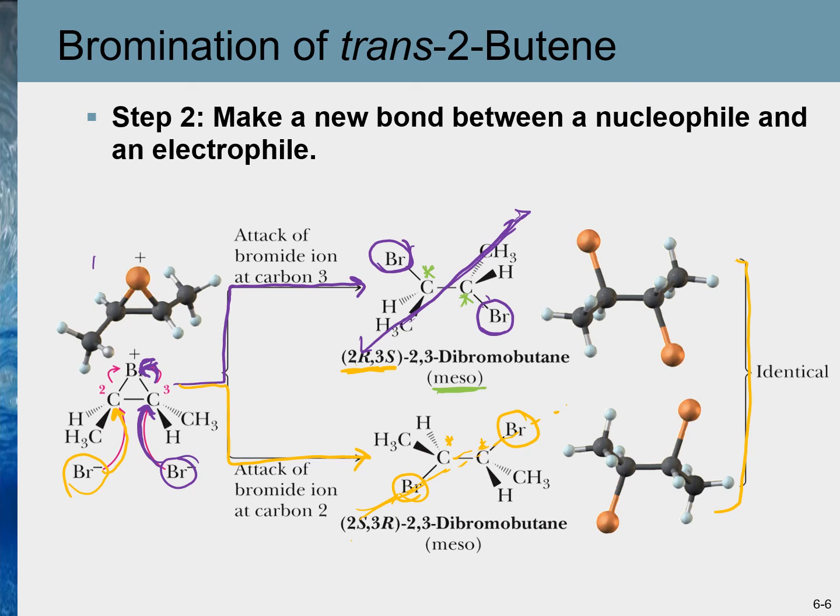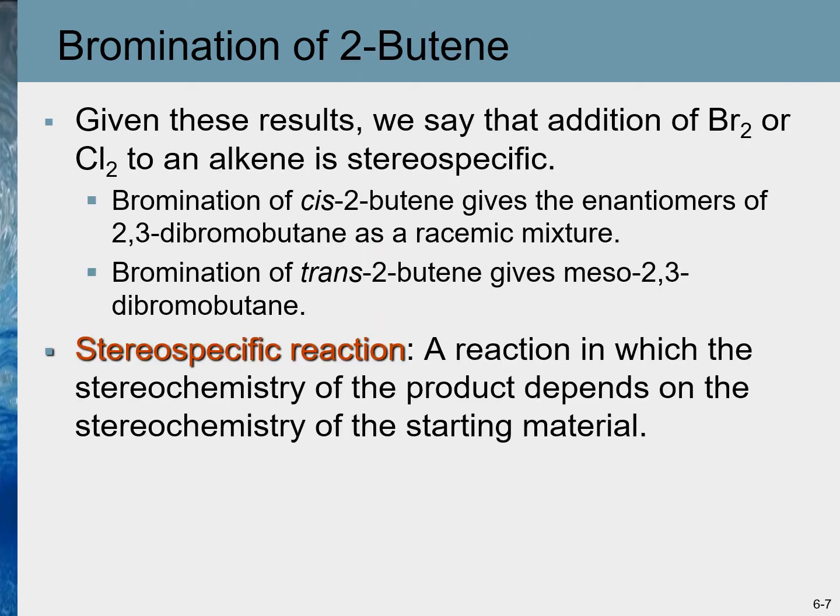So it means that if we start with trans-2-butene, the bromination of trans-2-butene will result in a meso compound. Given these results, we can say that addition of halogens to an alkene is stereospecific. Starting from a cis alkene, we always get a pair of enantiomers, and it will be a racemic mixture at the end.